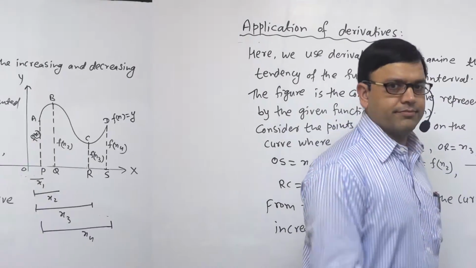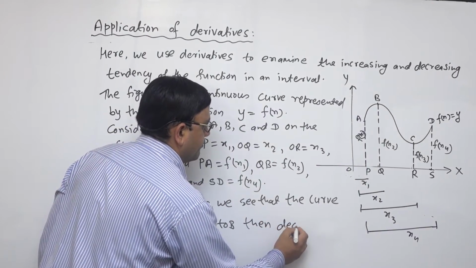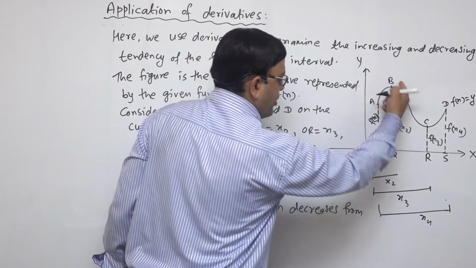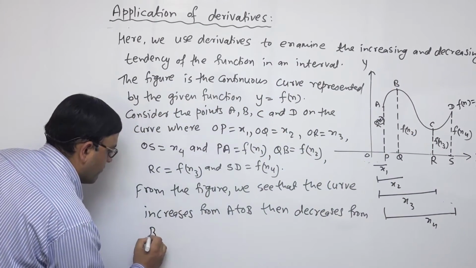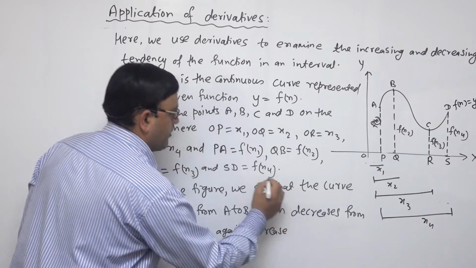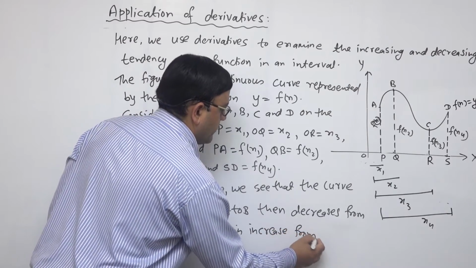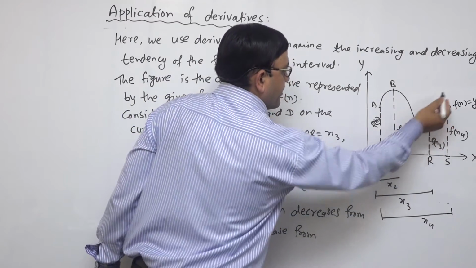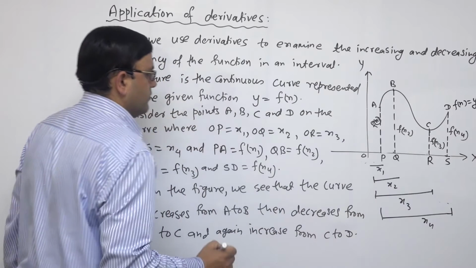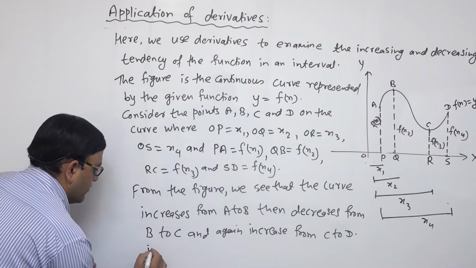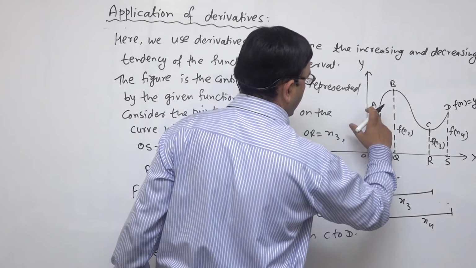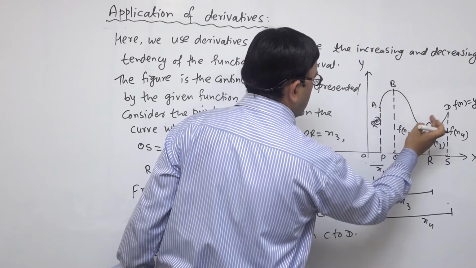Then it decreases from B to C. Again it increases from C to D, it goes up again. That is in the part of AB, in the part of BC, and in the part of CD.